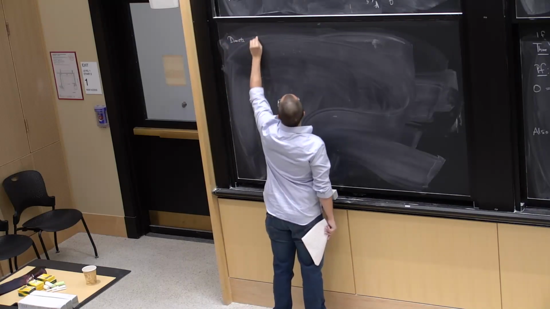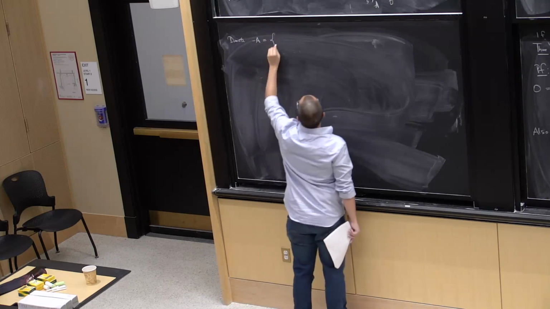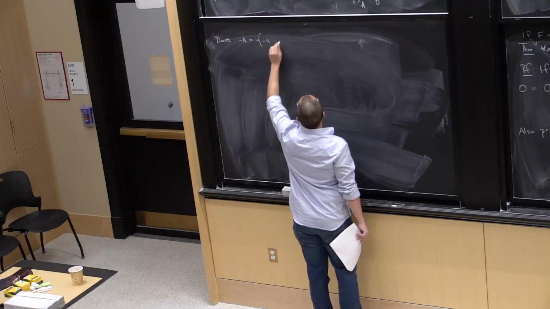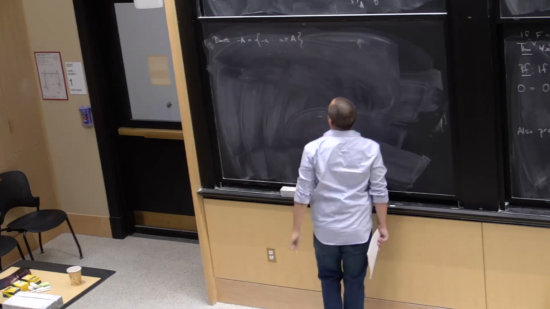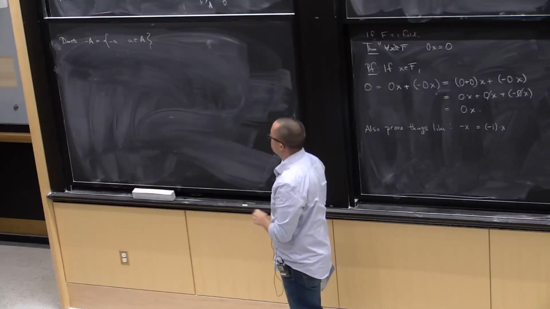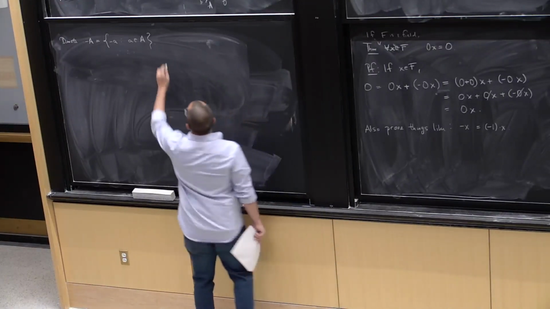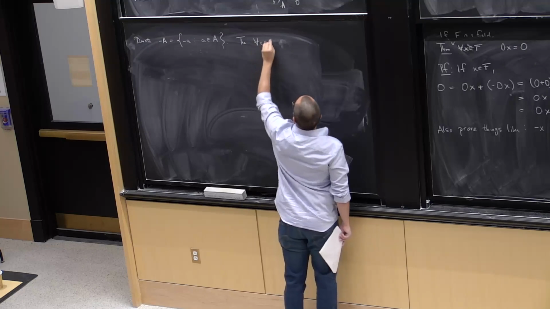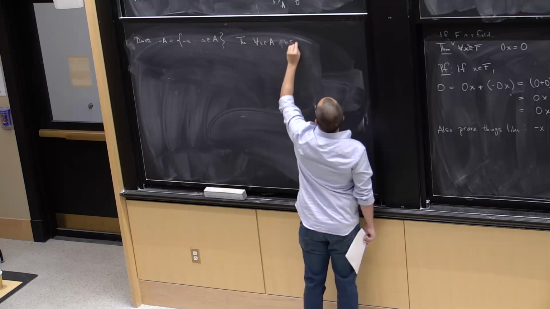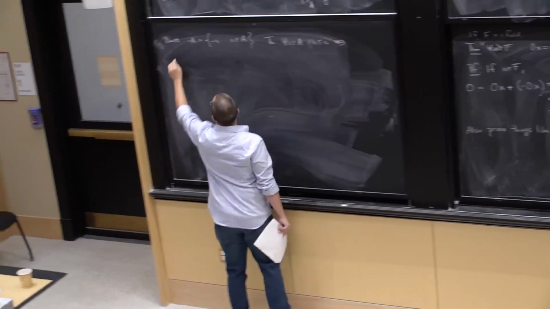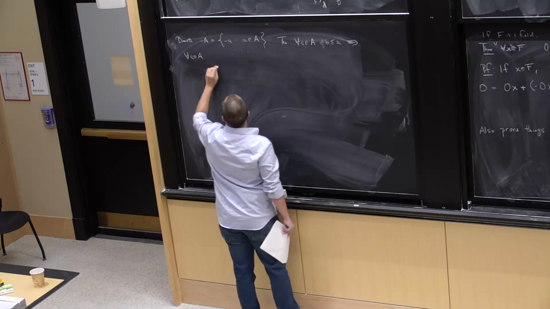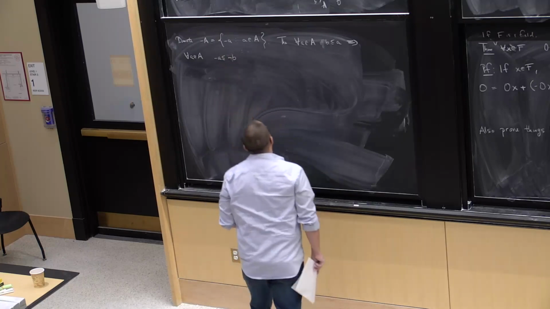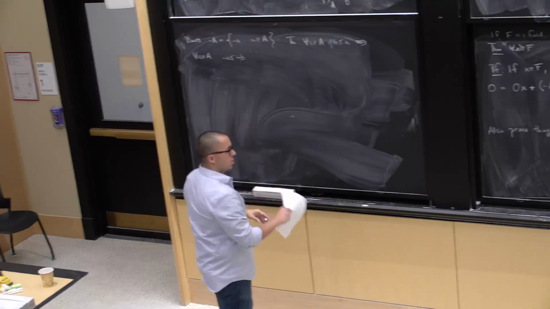Let me note another set, which I'll label minus A. This is the set of all elements in F of the form minus a, the additive inverses, as a is in capital A. Then the fact that for all a in A, B is less than or equal to a implies that for all a in A, minus a is less than or equal to minus B, because multiplying through by minus 1 flips the inequality.